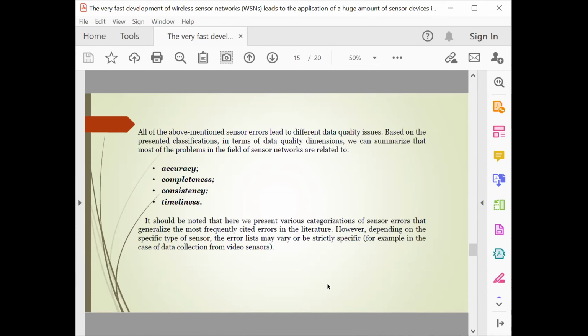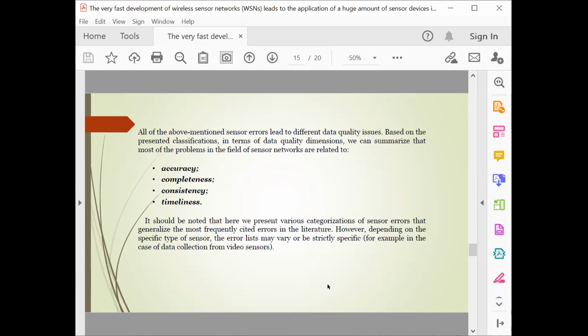I should mention here that this categorization is based mostly on sources in the literature.